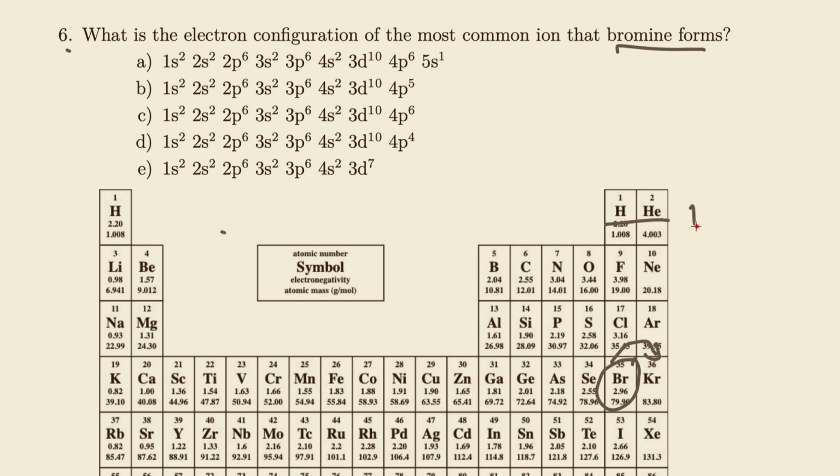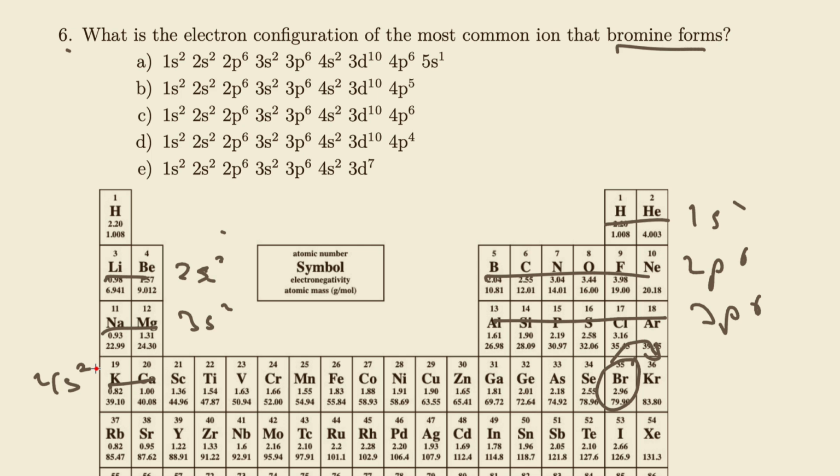And so we could go 1s2, 2s2, 2p6, 3s2, 3p6, 4s2, 3d10, and then 4p6.